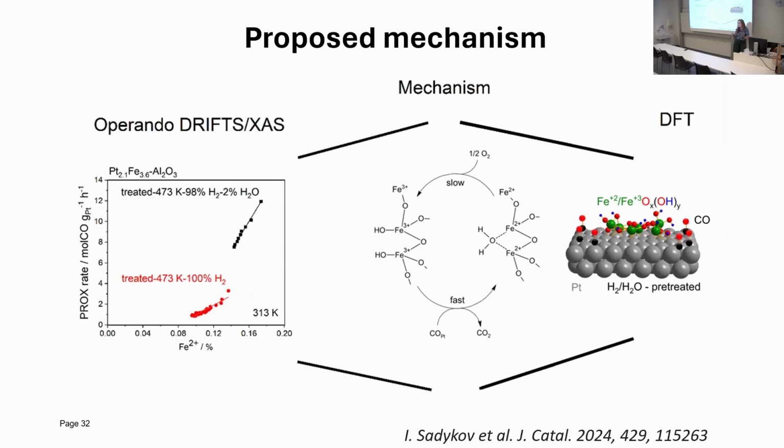Of course, some of it can form also without any additional water, but the quantity of it tremendously increases when you add water during the pretreatment. So this is also something with which we could explain many trends for this catalysis.